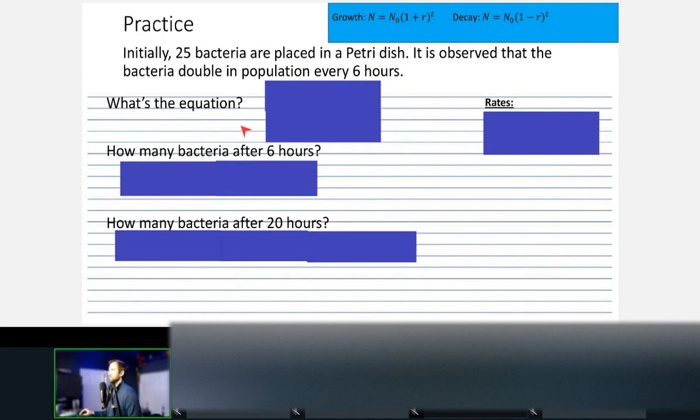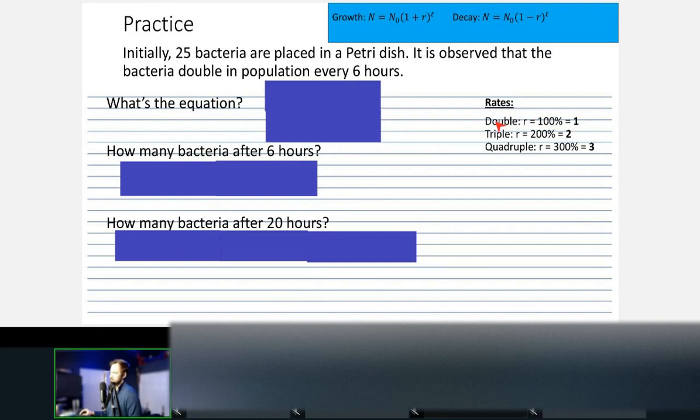What do we use for n naught? 25. Yep. And then for the rate, let me just show you and explain. It's kind of confusing if you haven't dealt with it, and people confuse this all the time.